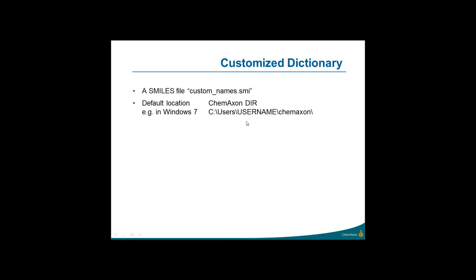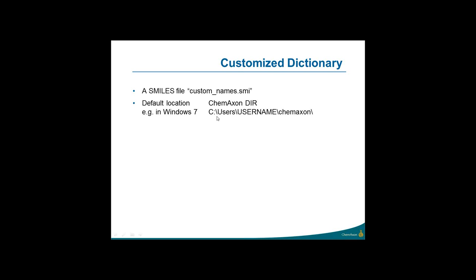And if you have our ChemAxon tool installed on your computer, there is a customized names.smiles file on your computer. This is the customized dictionary, and you can simply add customized strings and structures to this file.